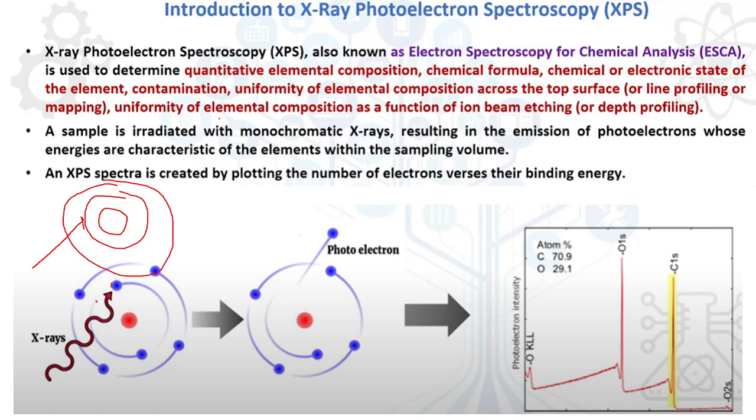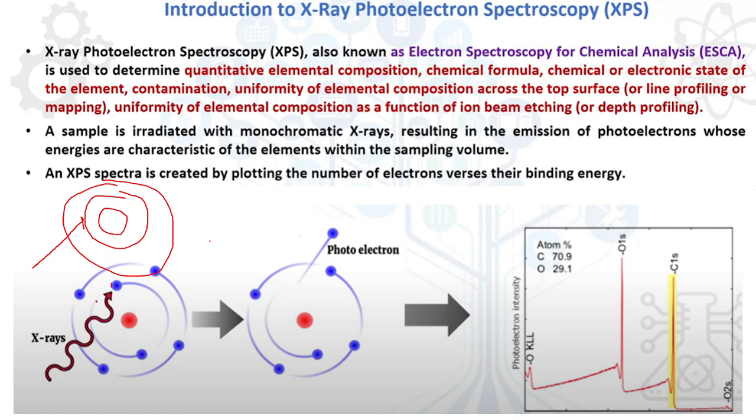Now, if that oxygen is interacting with some other element, then the binding energy of that specific 1s electron will be different. Why will it be different? Because obviously the effective nuclear charge will be different if it is interacting. So that's why the binding energy will change.